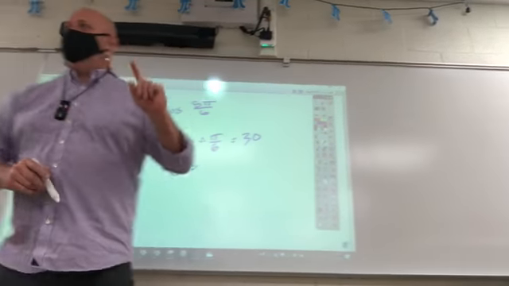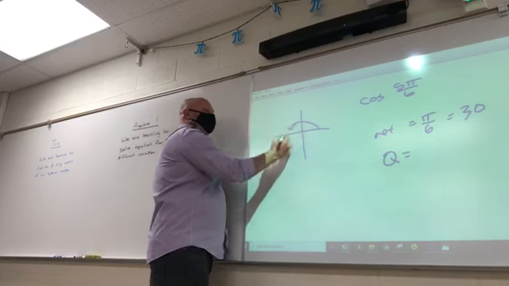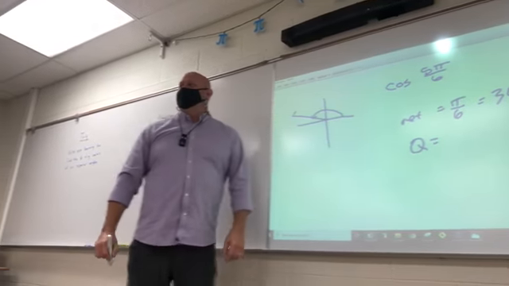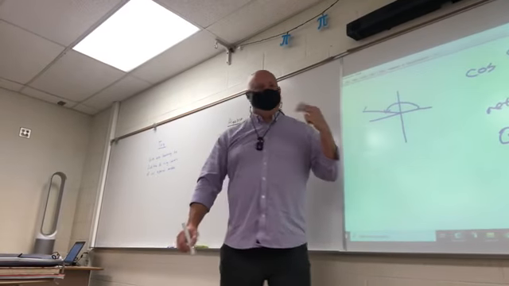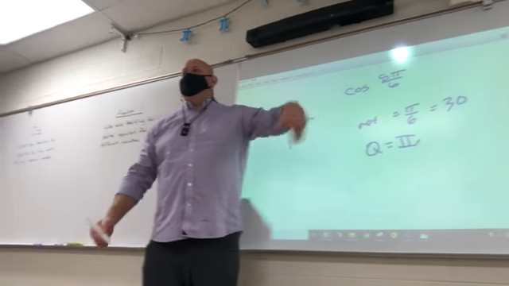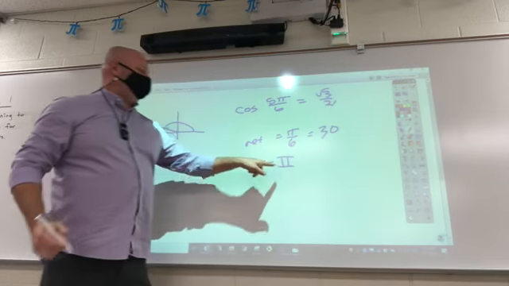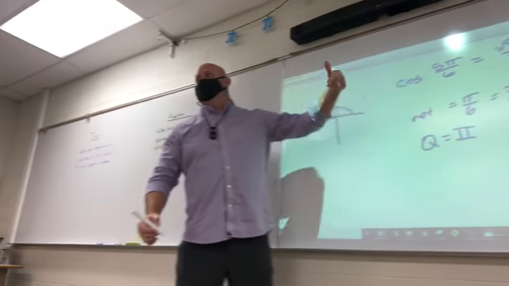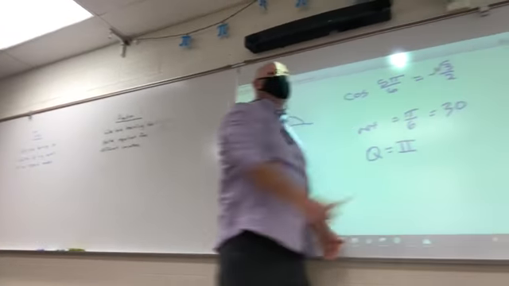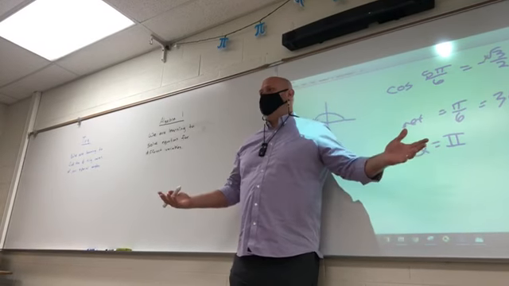Because 6/6 would be 1. That means I'm in the 2nd quadrant. Cosine of 30 degrees is square root of 3 over 2. Cosine in the 2nd quadrant is negative. The answer is negative square root of 3 over 2. That's how I do those.